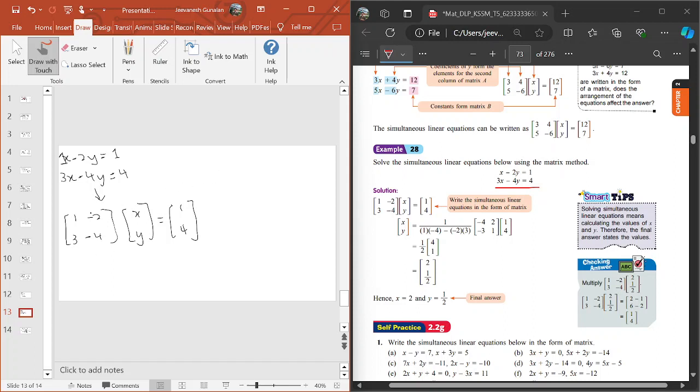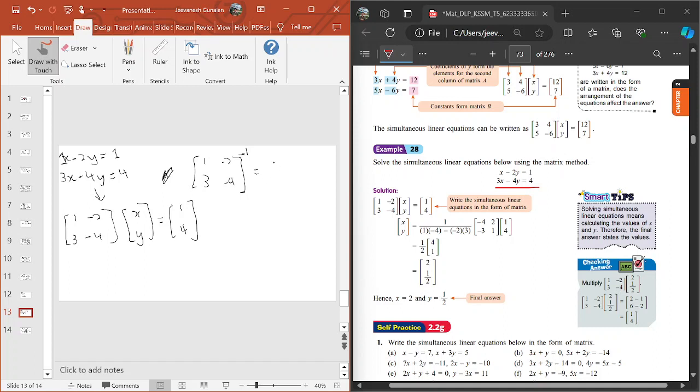Okay, now I'm going to find the inverse of this. The inverse of this matrix, right? I also can write, to represent the inverse of a matrix, I can write the matrix and then write the power -1. It's the same as writing a^-1. Okay, so how to find this?